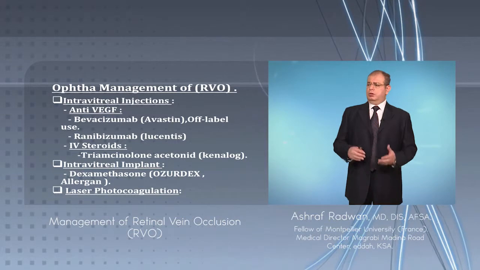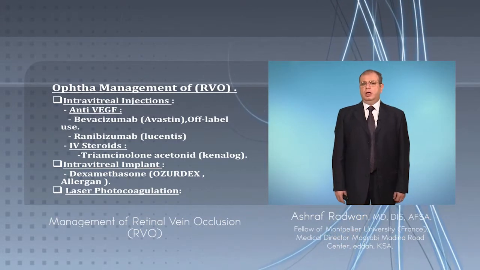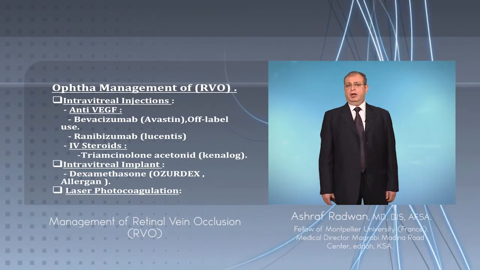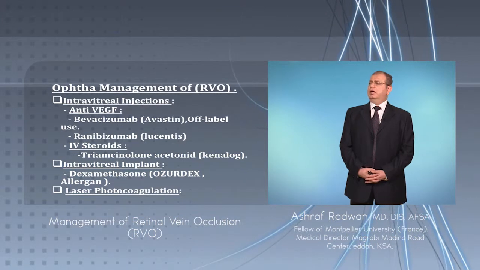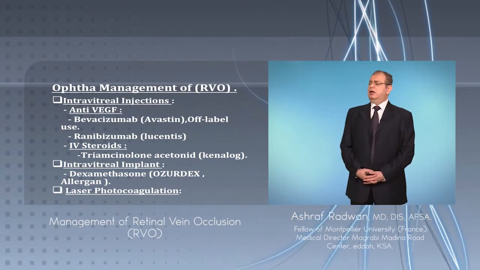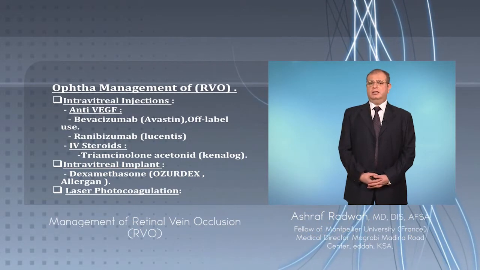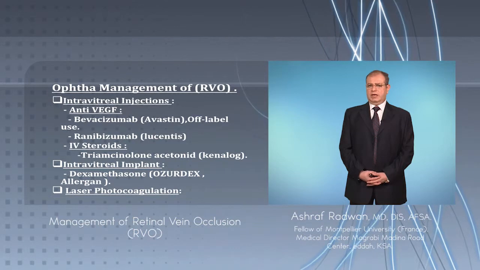We can go for implants like dexamethasone, or the Ozurdex by Allergan. It is an implant. We'll explain each of these ways of management in detail in the next slides. And we have laser photocoagulation, either the regular laser photocoagulation or the micropulse laser.